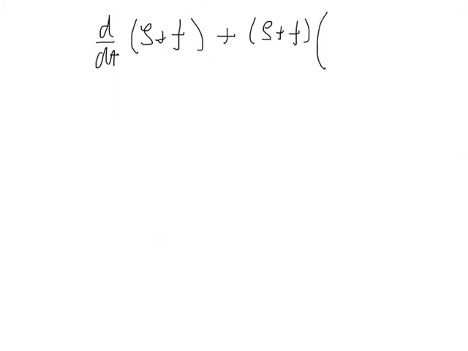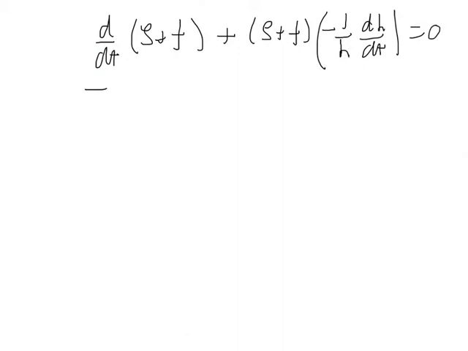So putting those two equations together from the previous slide, we have d/dt of (zeta plus f) plus (zeta plus f) times this (ux plus vy). We now replace that with minus 1 over h, total derivative of h with respect to t, and that is equal to 0.